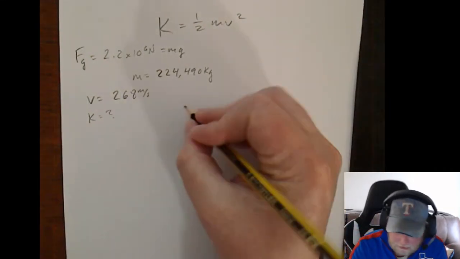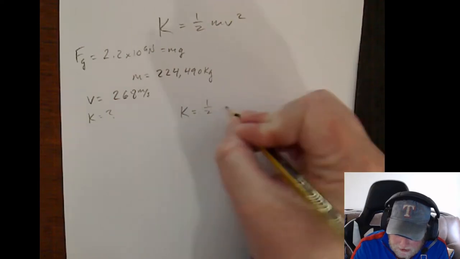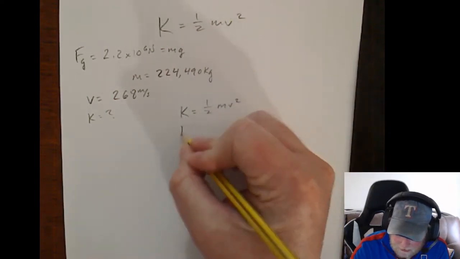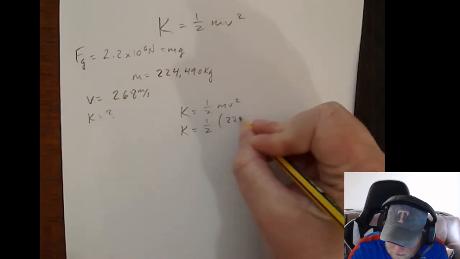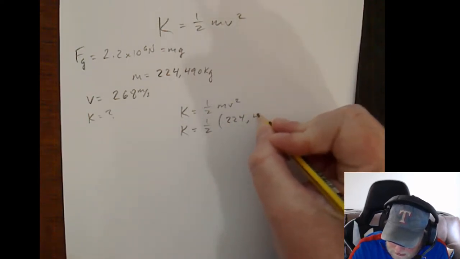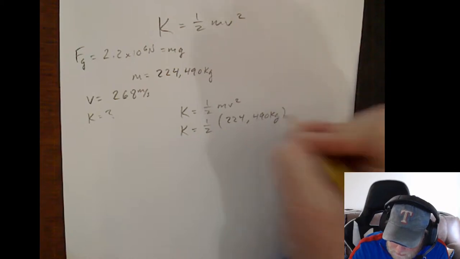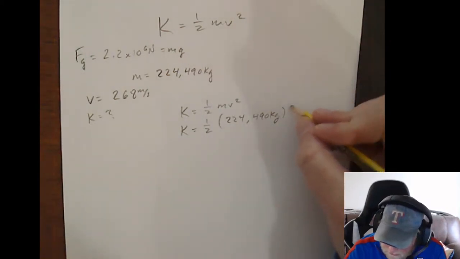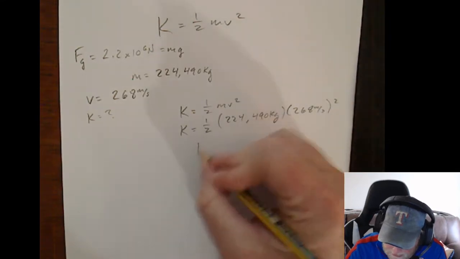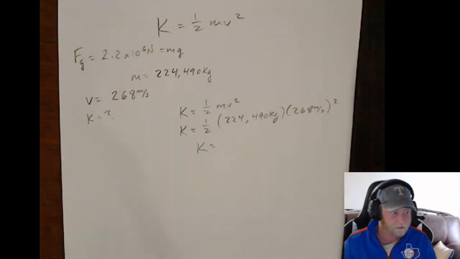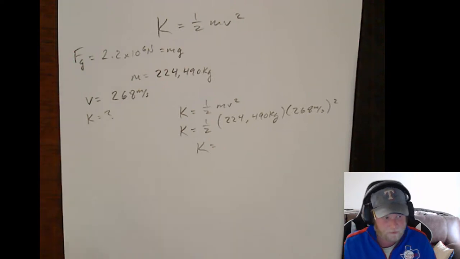All right, so let's plug that in. Kinetic energy is 1/2 mass times velocity squared. So kinetic energy is 1/2 of 224,490 kilograms times 268 meters per second squared. And again, make sure you're always in meters per second when you're calculating kinetic energy.